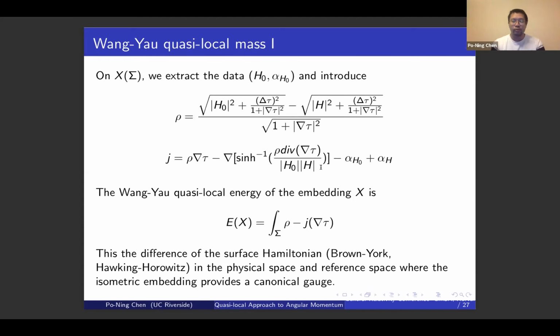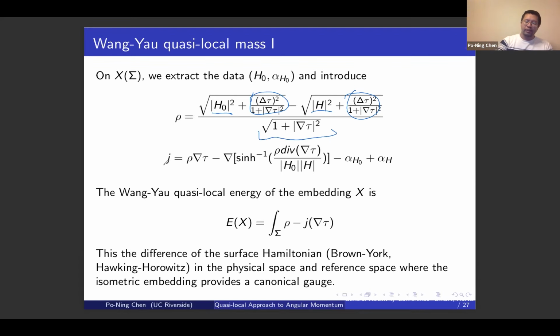Then we introduce the following two quantities. It's a quasi-local mass density, which is a weighted difference of the mean curvature. You see the H0 is here and here, weighted by the center here and here, and also this denominator.